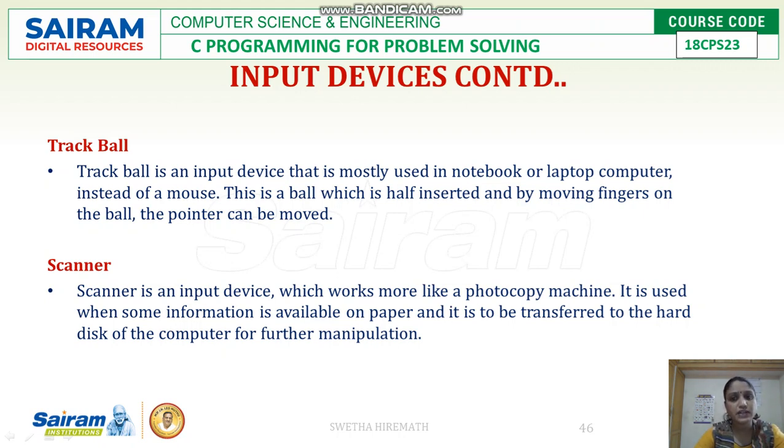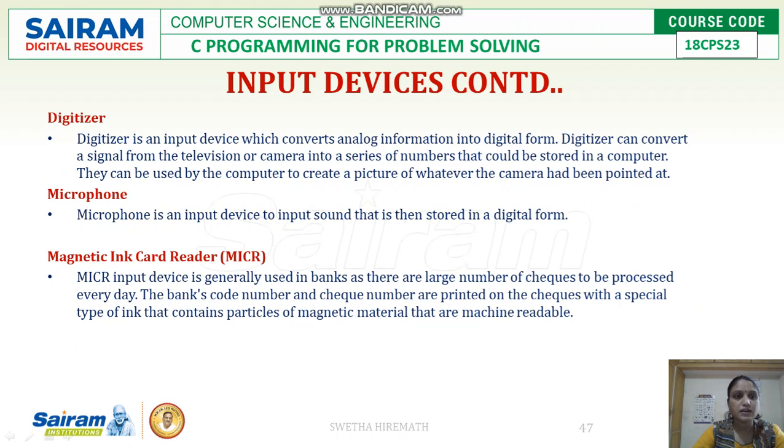Then coming to scanners, they are used for taking a soft copy. A scanner is an input device which works more like a photocopy machine. It can be used when some information is available on paper but we want it in the computer system, which means we have to scan the contents. Then the digitizer is an input device which converts analog information into digital information.